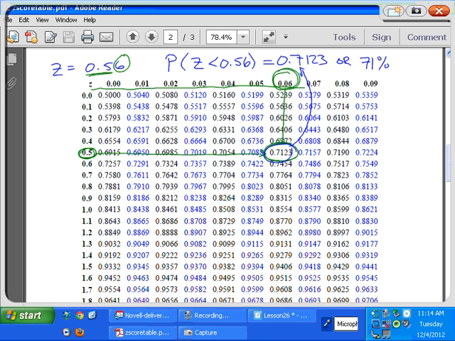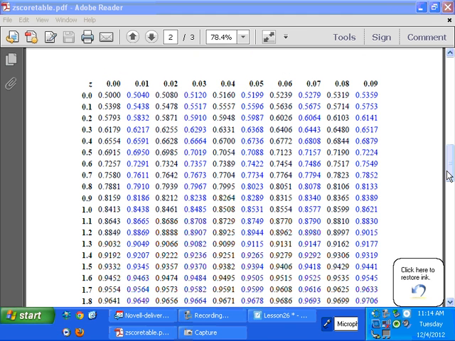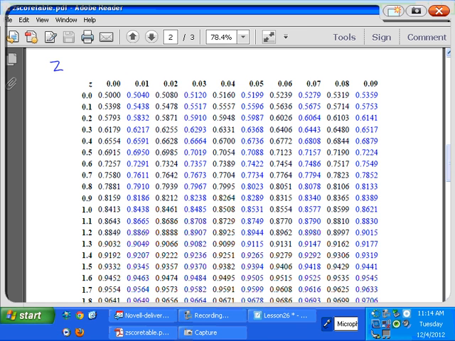All right, let's do one more, because if you can understand the chart, then the rest of it becomes a lot easier. So let's say in this case my Z-score that I calculated, and I'll show you how to calculate that in one second, is 1.43. So the question is, what's the probability that the Z-score will be less than 1.43? And if people are asking what happens if it's greater than, I'll get to that in a second.